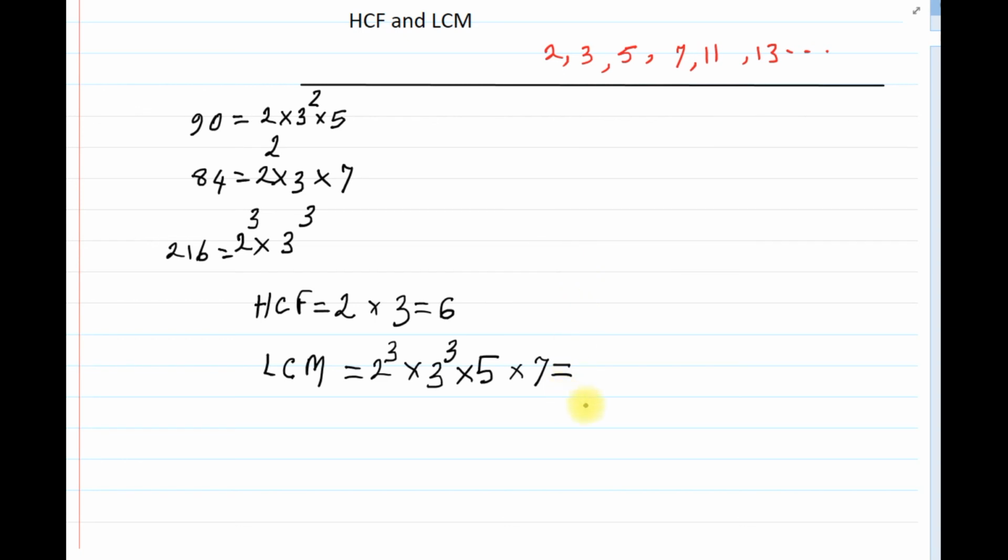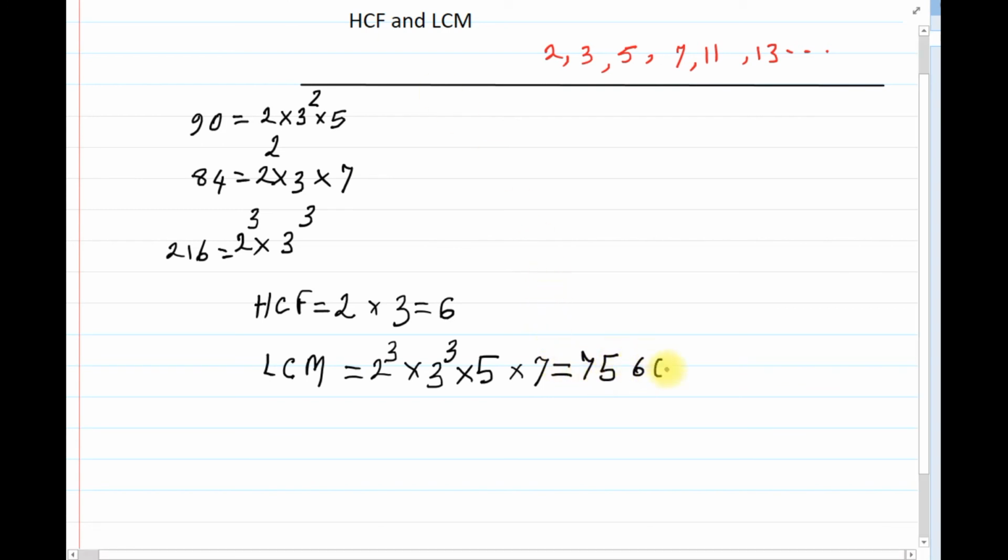So multiplying these all together, I had to quickly check this with a calculator, we get 7,560. So 7,560 is the smallest number that 90, 84, and 216 can divide into.